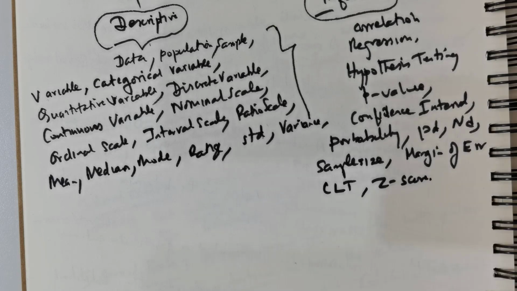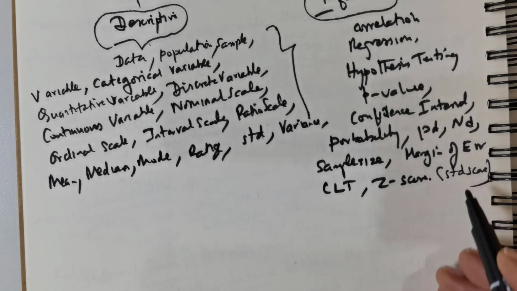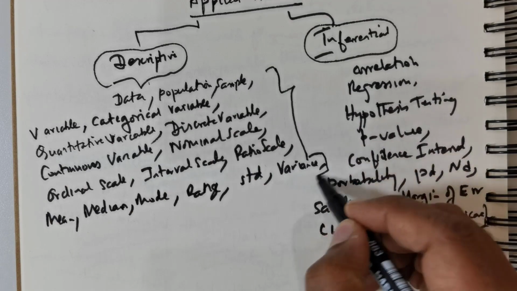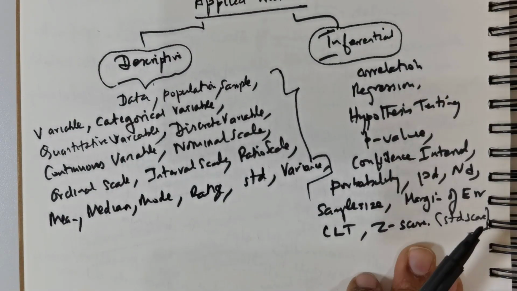That's it. Z-score is also called a standard score. Okay, so I have not only given you the vocabulary, I have clearly differentiated the terms. So what falls under descriptive statistics, what falls under inferential statistics.